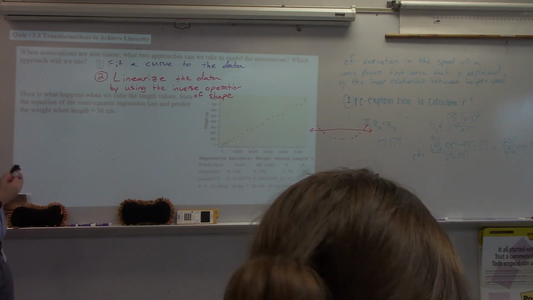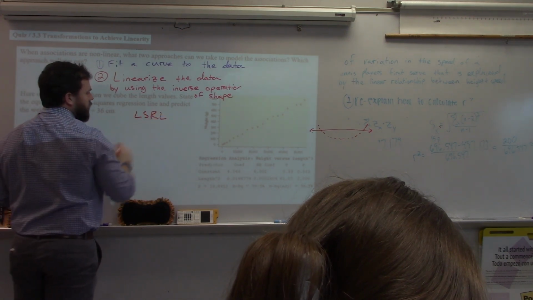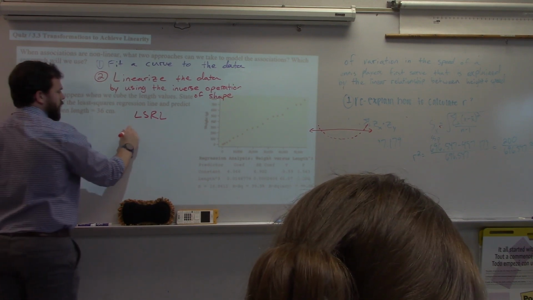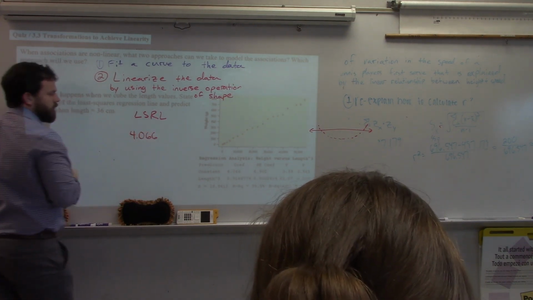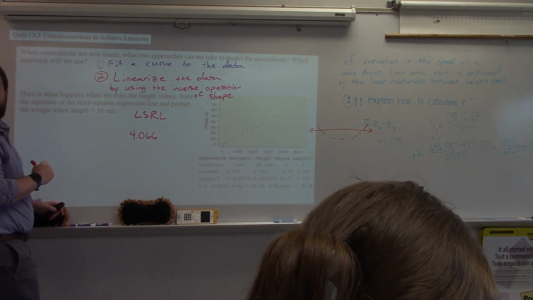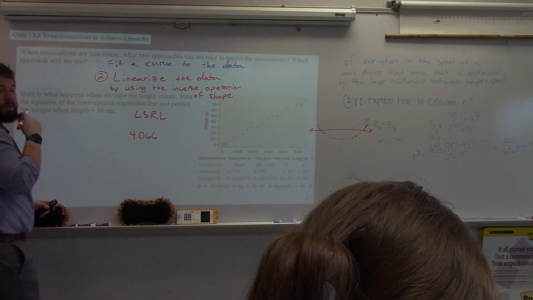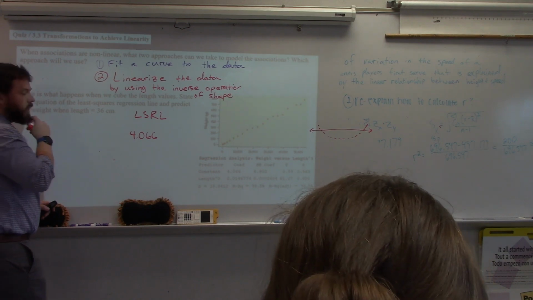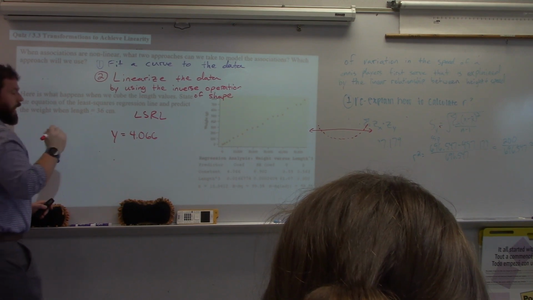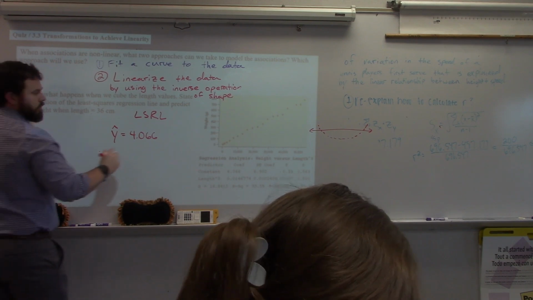So what would be my least squares regression line for this problem? 0.066, and then, wouldn't it be y equals plus? Okay, so we need to back up and say y hat equals, and then plus 0.014x.